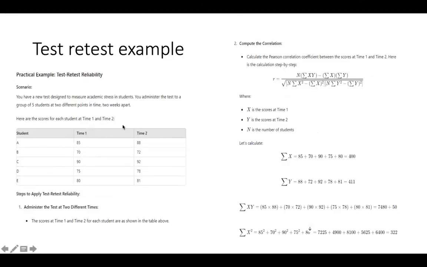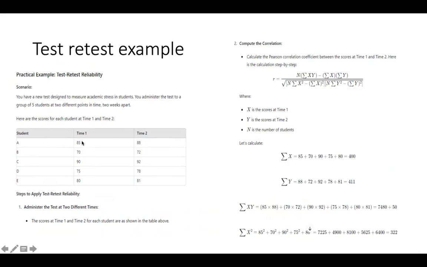How will we develop that? I am giving one example. Suppose you have a new test designed to measure academic stress of students. You administer the test to a group of 5 students, A, B, C, D, E, at 2 different points in time.